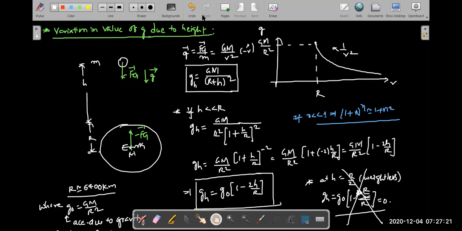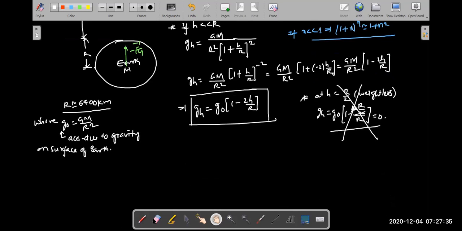There, h is equal to r by 4. Sir, by 4, I don't think so. Look here, if g h is equal to g naught by 2, what do you know about the value of gh?